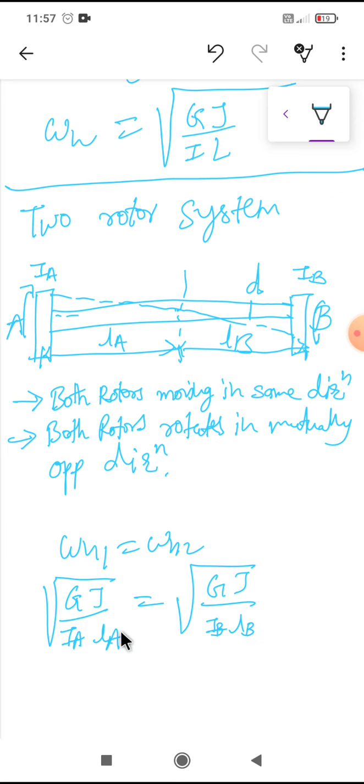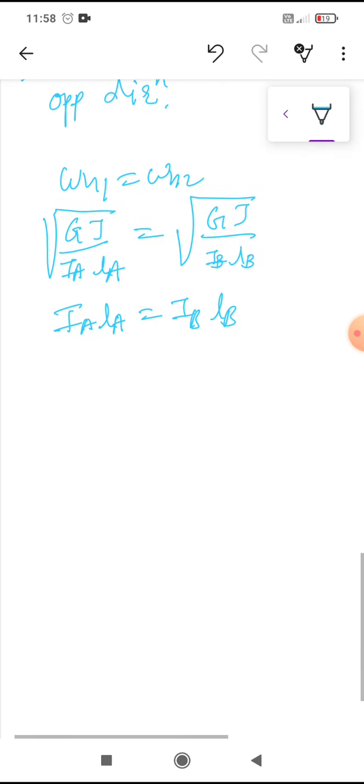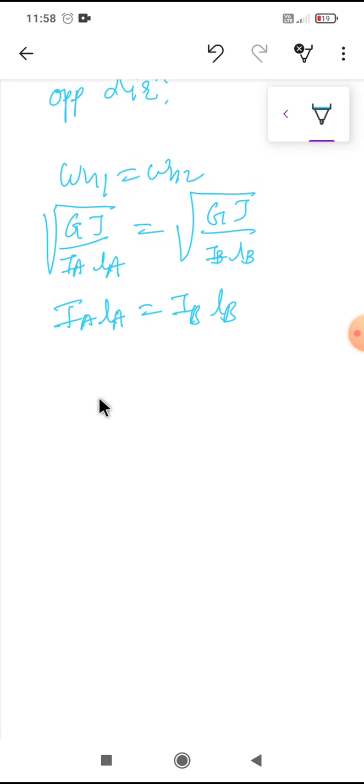From this equation, if we cancel out everything, we get IA LA is equal to IB LB. So if IA and IB are the same, then LA and LB will be the same. This result we have obtained. So the total length L will be equal to LA plus LB. This is the free torsional vibration of a two rotor system.